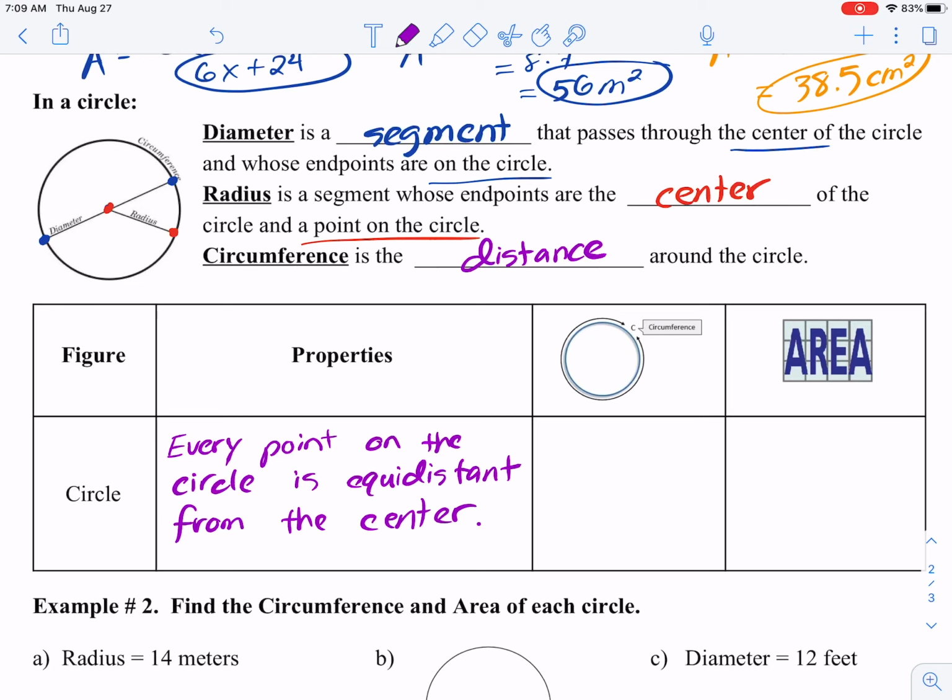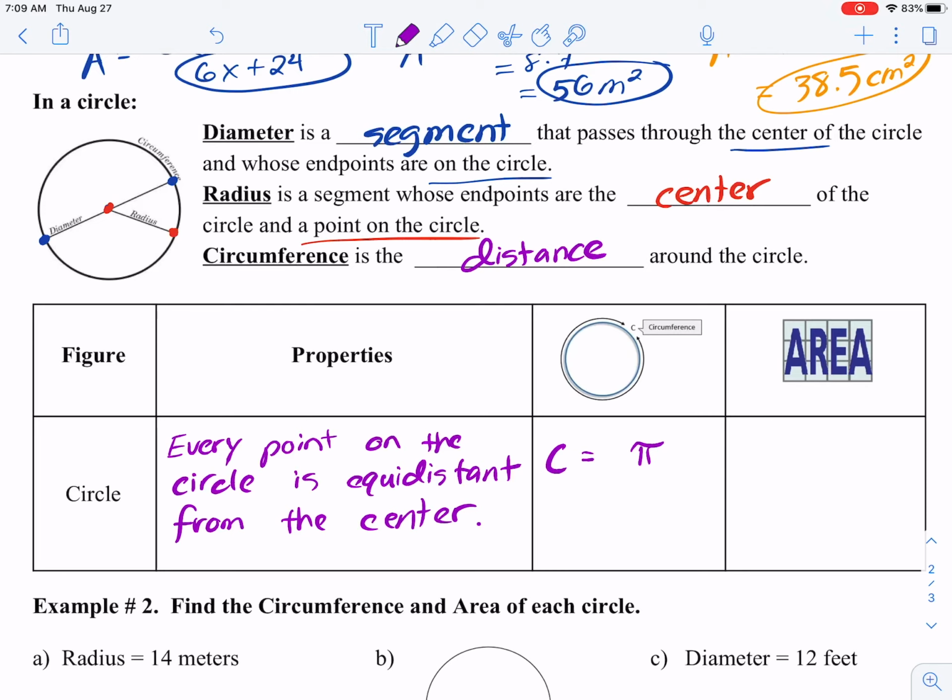Okay, and because of that relationship, we have a relationship between the radius and the length all the way around. And that relationship uses this irrational number called pi. So pi just represents the ratio of the radius to the circumference as it changes in size.